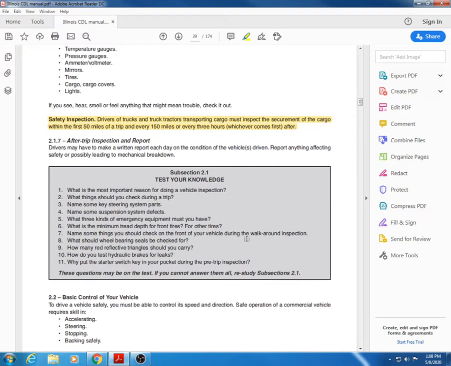And until you can answer that question without looking, don't go on. That's why they put these here, so you can review and know the answer to these questions. So, for example, question number 1, what is the most important reason for doing a vehicle inspection? Safety. That's the most important reason. There may be lots of reasons, but safety comes down to everything.